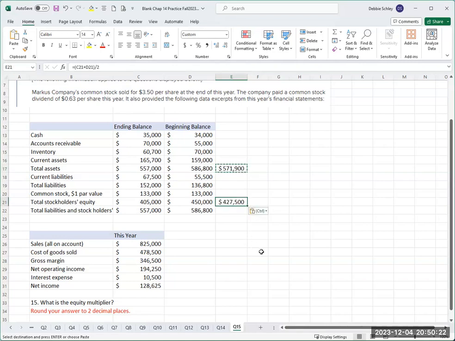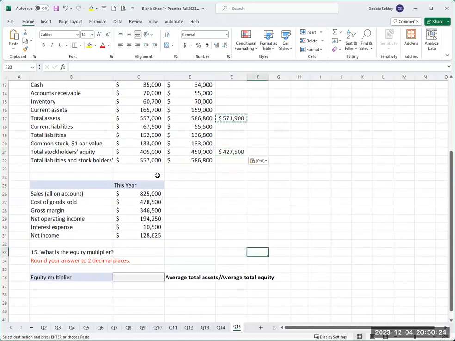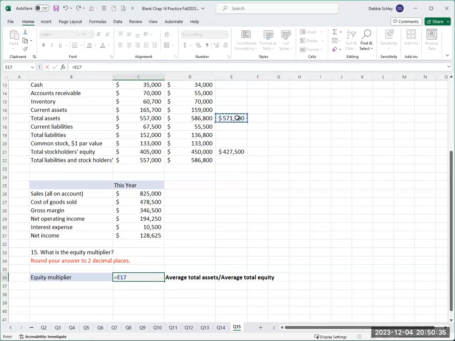This one. So average total equity and average total assets. Those are the 2 numbers I need for equity multiplier. So equals average total assets divided by average total equity. So 1.34. Again, that's just a number, not a percent. Hope that clarified, especially questions 9, 10, and 11. They seemed a little trickier than most.